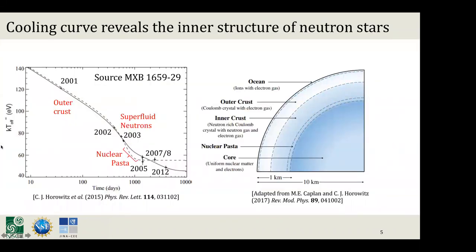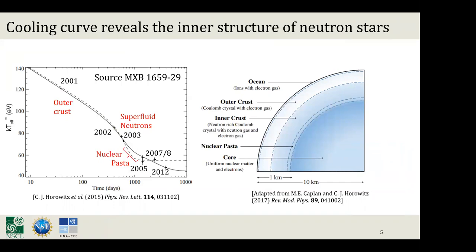If we observe what a cooling neutron star does after it enters its quiescent phase, it tells us a lot about the internal structure of the neutron star. And one thing that is extremely exciting about this is that we can learn about the interior structure on the time scale of perhaps a decade.